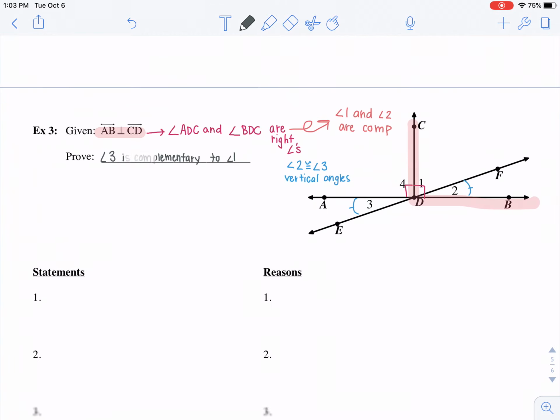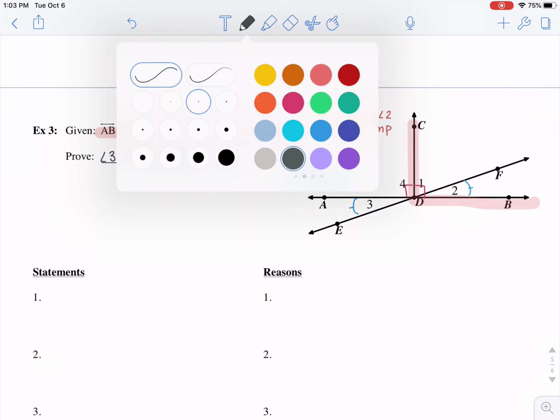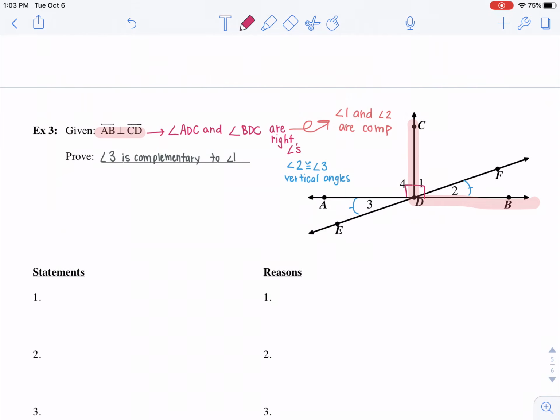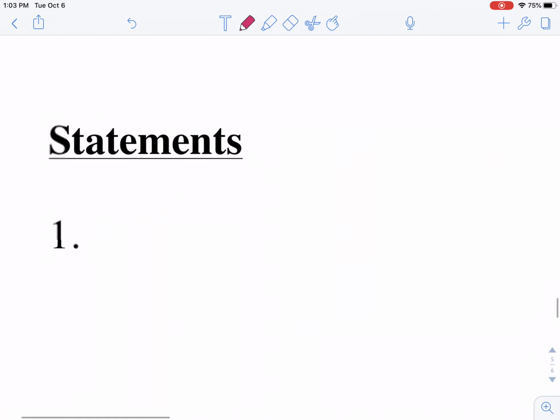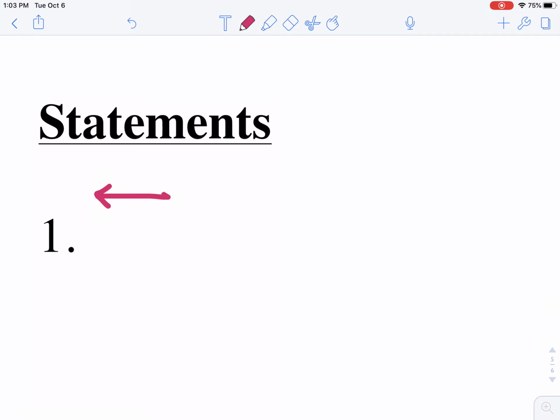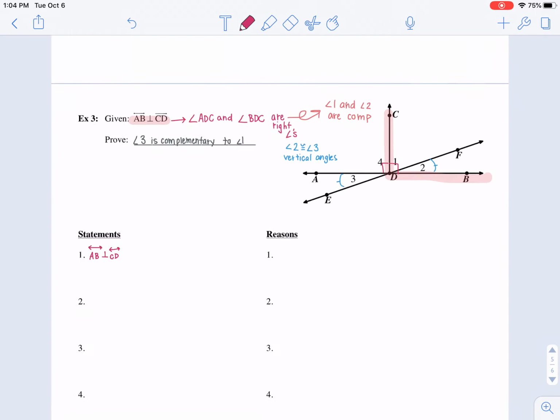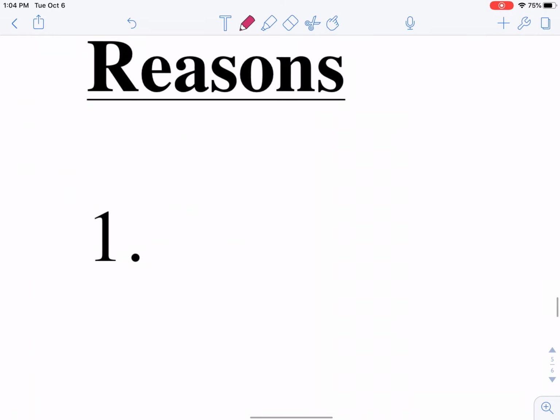All right, so we're always going to start our statements with something that's given. And there was only one thing that we were given here, that line AB is perpendicular to line CD. So let's go ahead and write that in. So line AB is perpendicular to line CD. How did we know that? Well, it was a given.